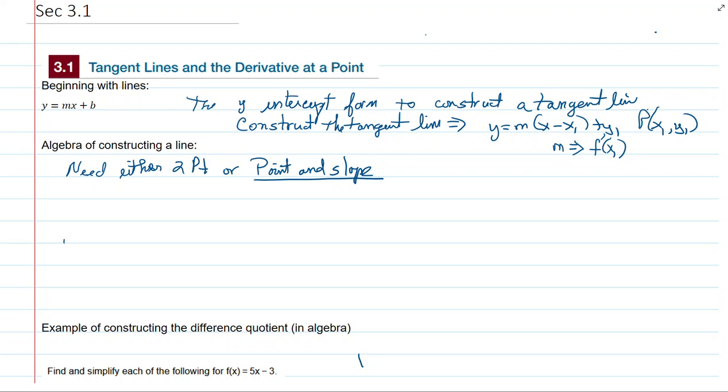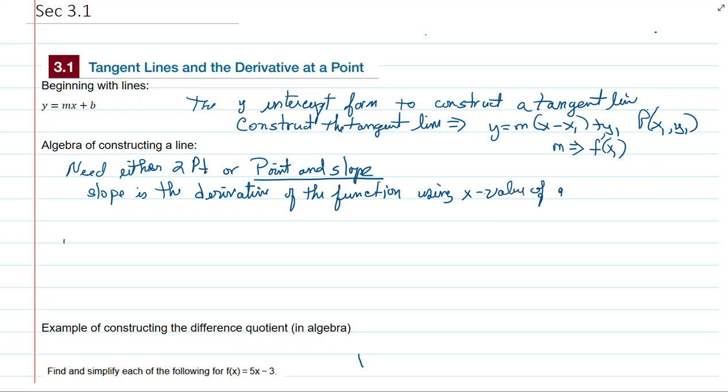And our slope is the derivative of the function at the x value of the given point. And again, we'll be using y equals m(x minus x1) plus y1.